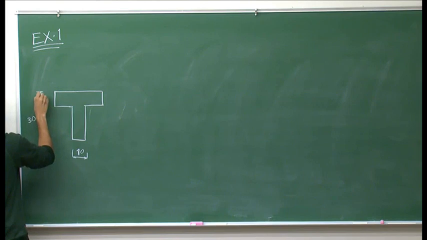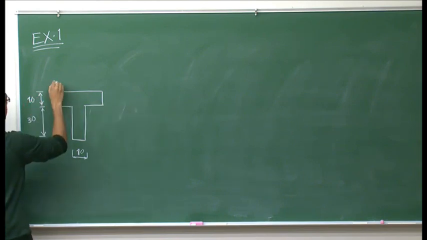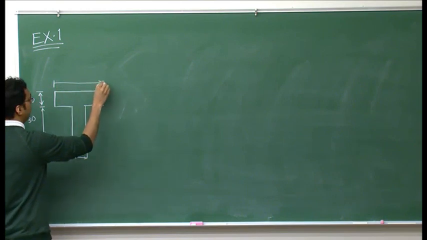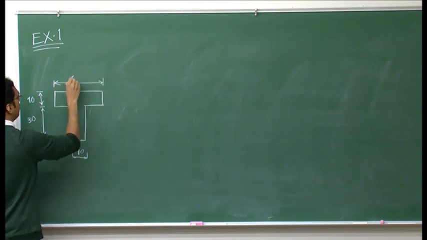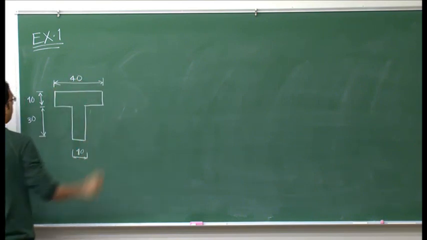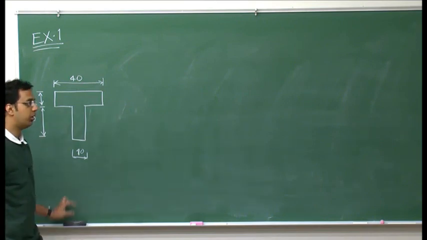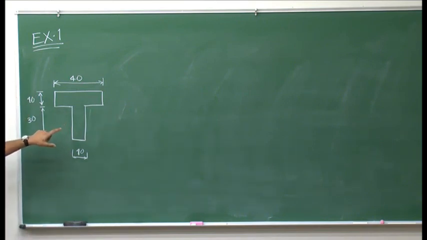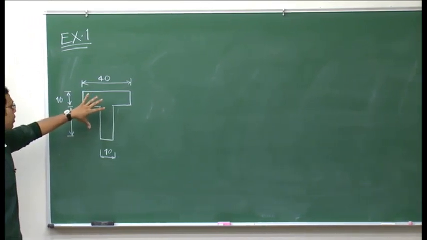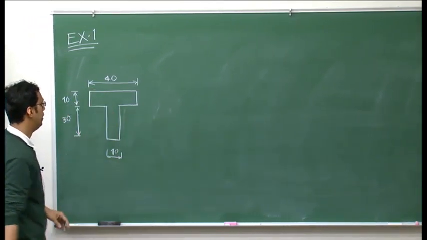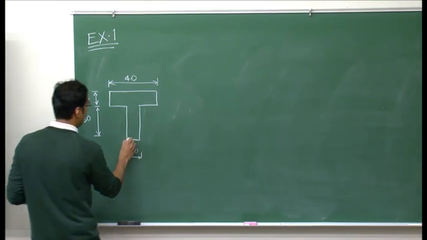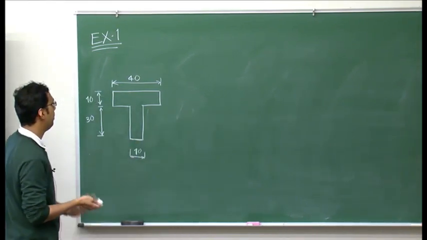Again, this top area is 10 millimeter, and total width is 40 millimeter. If you remember from video 1, the example of centroid that we solved is exactly similar to this, but we just had an inverted T in that case. So I've chosen the dimensions to just save some time.